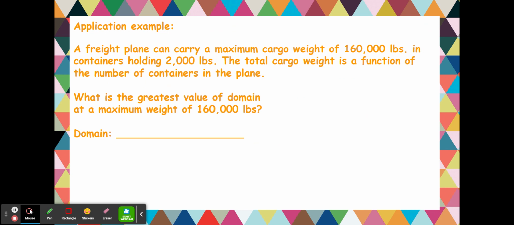We'll go ahead and you can try this one, just listing the domain. Let's see, what's the maximum? So we can have a maximum. So how many 2000s will fit in? Basically, it's asking if you have 160,000 max, how many of those 2000s would fit into that thing?